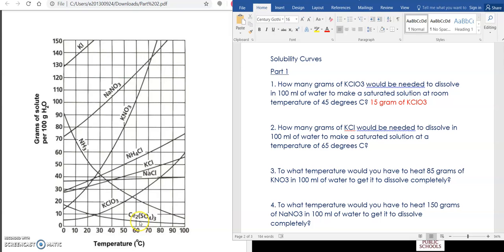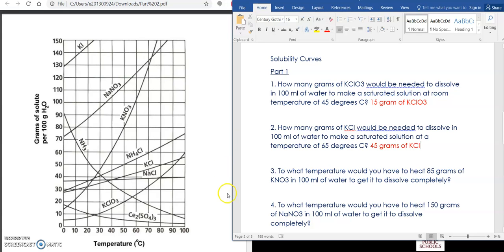It's going to be difficult to trace up perfectly on the computer, but trace up to the line where it says KCl right there. And then I can trace over to see that that's about 45 grams of KCl at 65 degrees. So again, I'm going to type that in. All right. So let's go on to the next question.